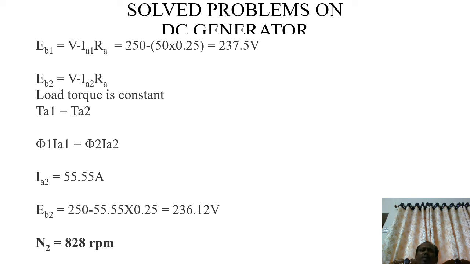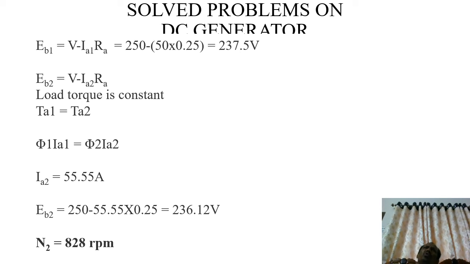But in our given problem, there is a change. Once the armature current changes, it is IA1 and IA2. You can write the equation. Voltage V is constant because this voltage is the same across the armature as well as the shunt field winding, so there is no change in this voltage.